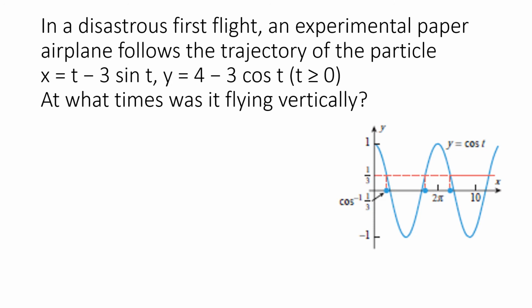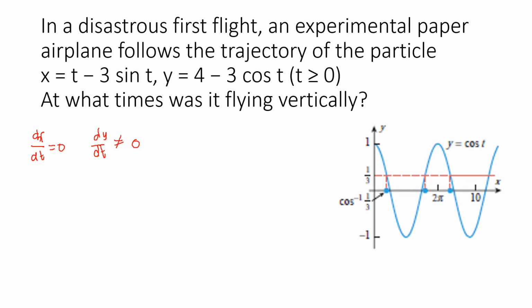For the solution, the airplane was flying vertically at those times when dx over dt is equal to 0, and our dy over dt should not be equal to 0.